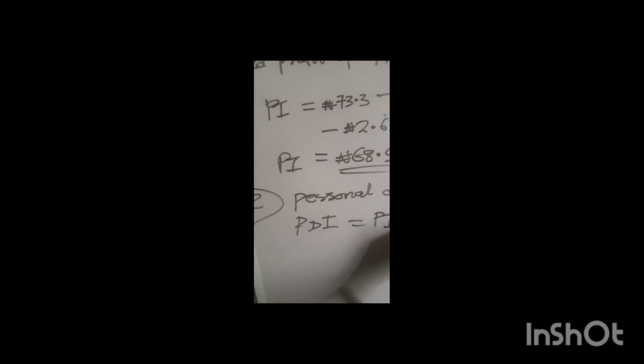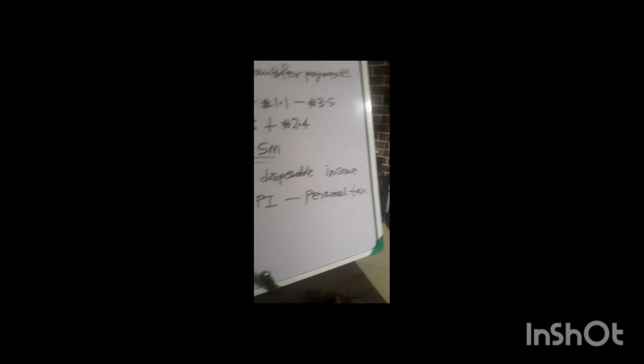Personal disposable income is simply our personal income PI less our personal tax. So personal income less personal tax gives us personal disposable income.